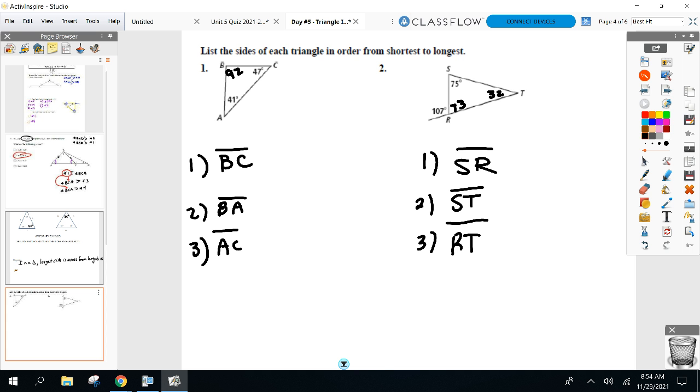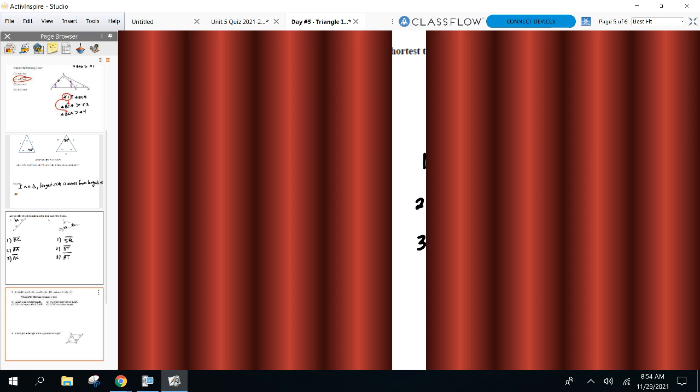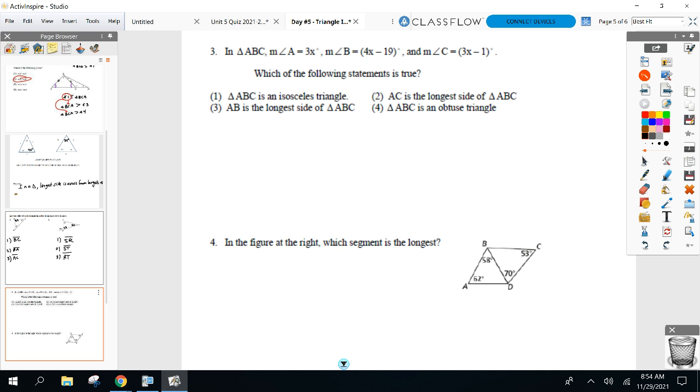All set? Okay, you guys are on your own for the next one. Try the next one out on your own. A little algebra to do with this.